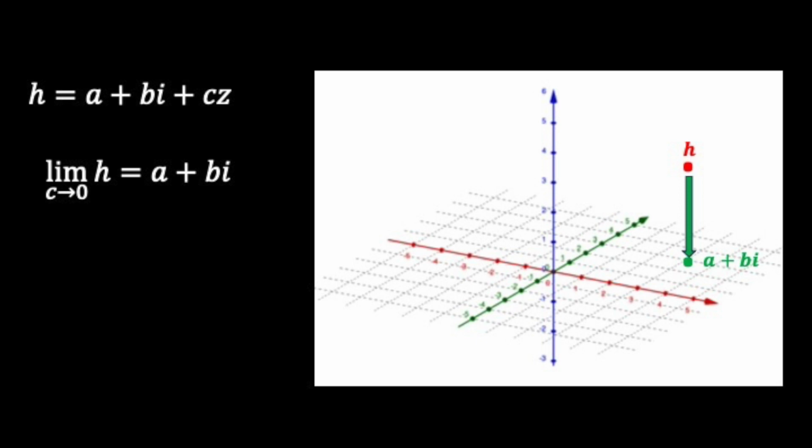When we set the c coefficient to 0 for all numbers in the hypercomplex space H, it is as if the entire set is projected onto the complex plane, as if the set H collapses into the set C. Thereby the dimensions are reduced from 3 to 2, from a space to a plane.